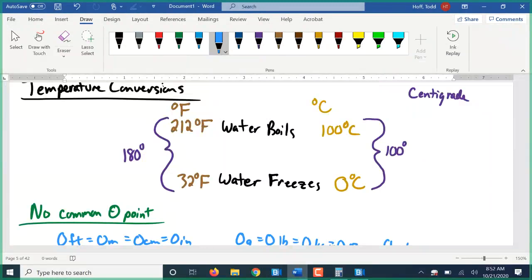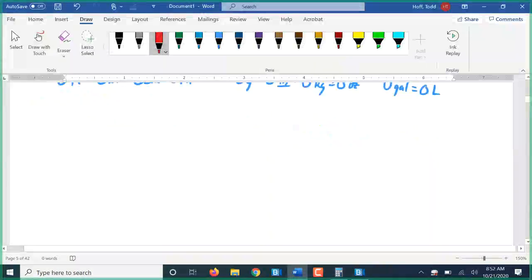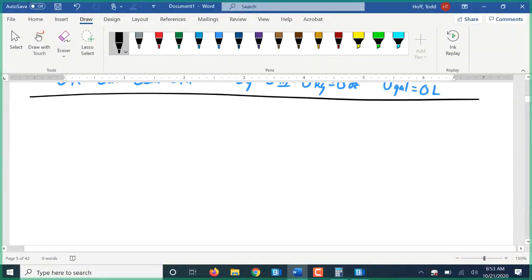Either way, we have to somehow account for that. We cannot just use a conversion factor to go from degrees Fahrenheit to degrees Celsius because of that difference in 0 point. They don't have that common 0 point. So in order to convert from one temperature scale to the other, we actually need a conversion formula.